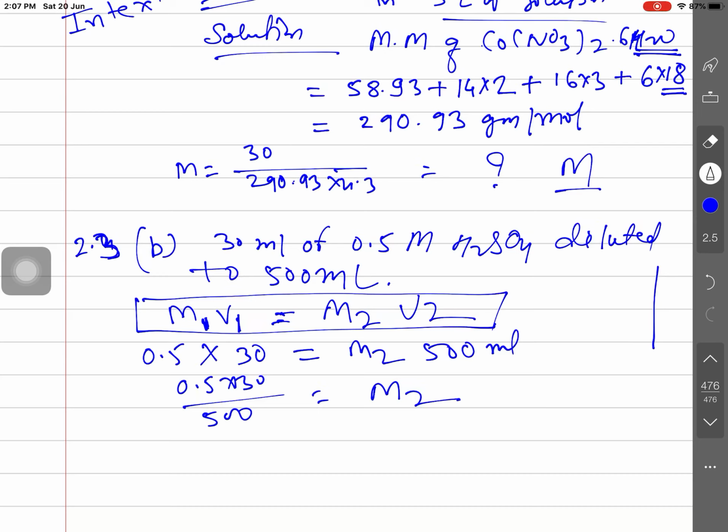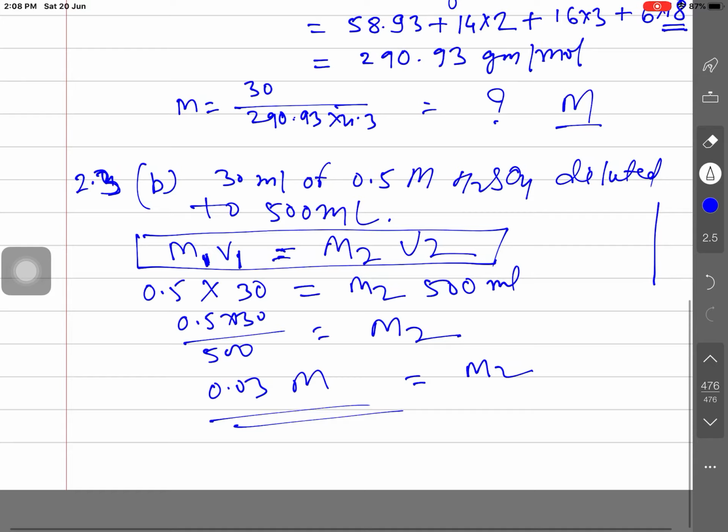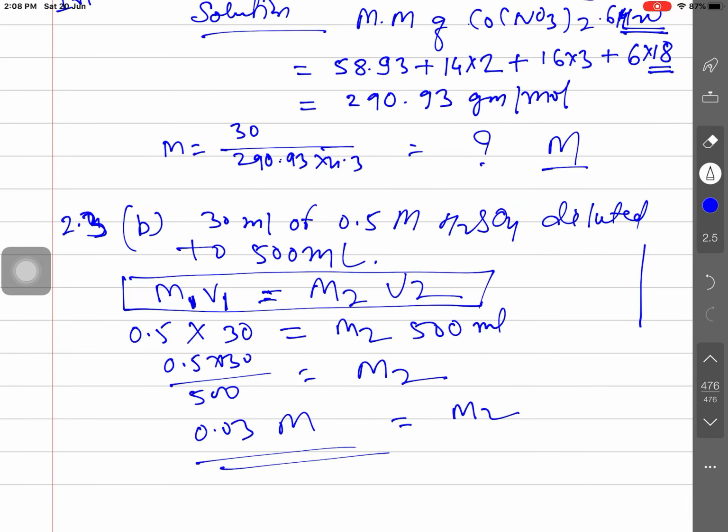Solve this. The value of M2, for 500 ml of H2SO4, is 0.03 M.